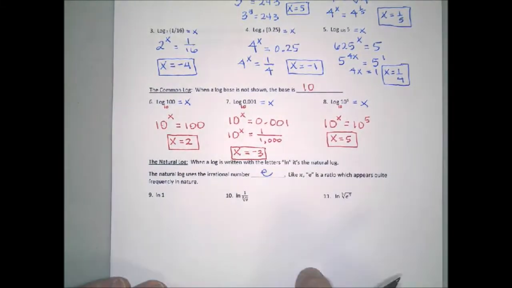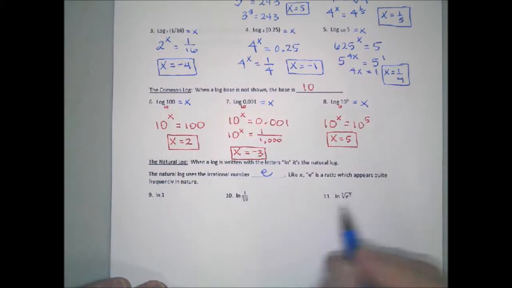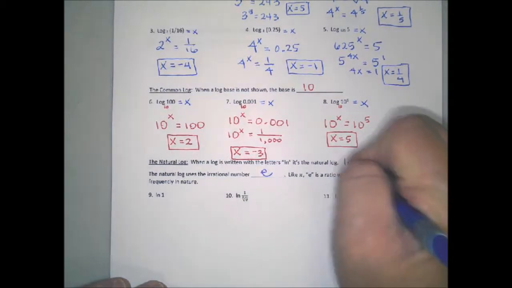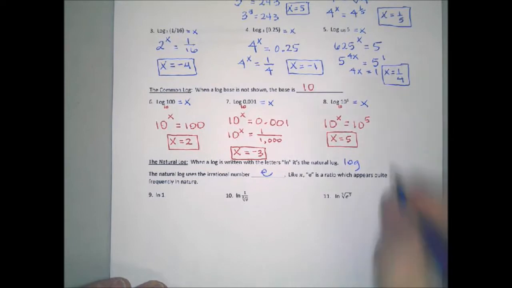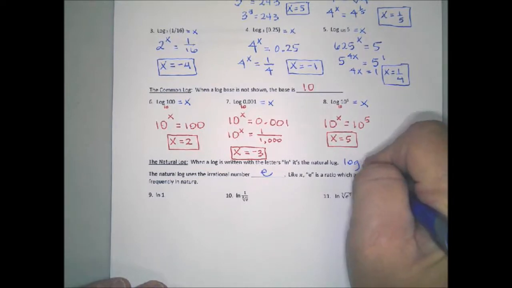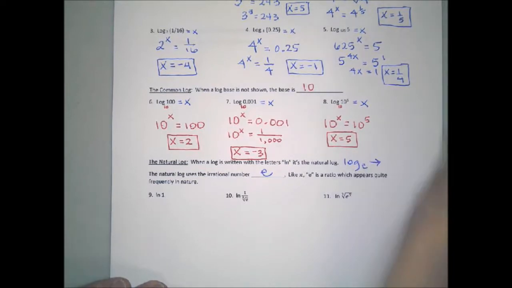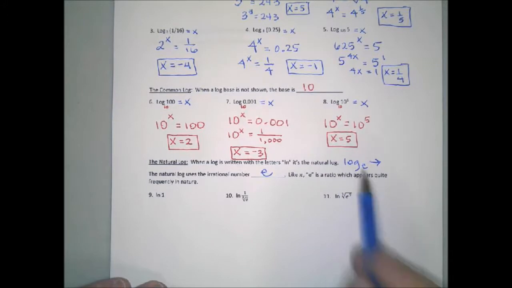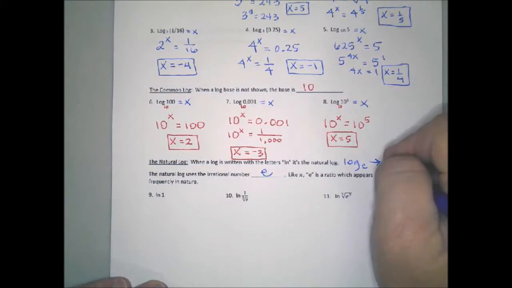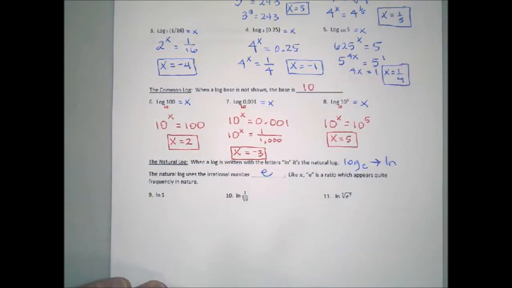Now, it also has its own special notation. Anytime you're doing a log with e as its base, they don't write it like that. They write it as ln, natural log. So on the next 3 examples I'm showing right here, they're all written as ln, natural log.